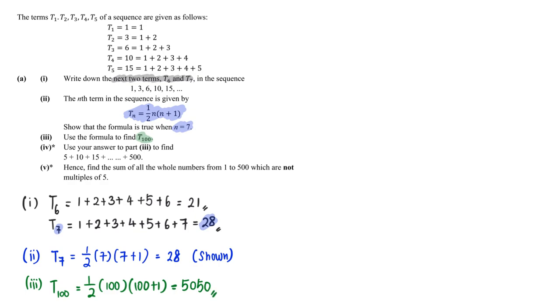Now, we are coming to part 4, okay? So for part 4, we are going to use the answer in part 3, which is this answer, to help us to find this sequence where we continue to add 5 to the previous term. 5 plus 10 plus 15 plus 20 and so on.